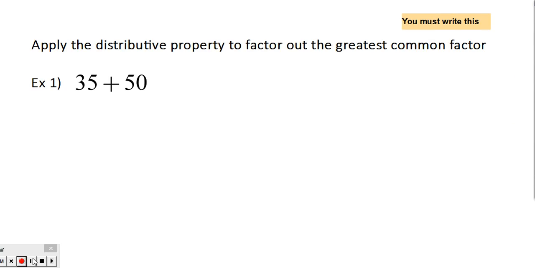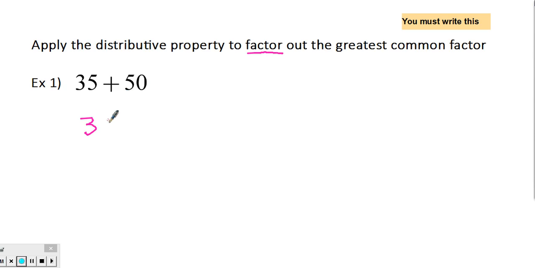The question I'm going to ask you is to apply the distributive property to factor out the greatest common factor. So we have 35 plus 50. So now what is the greatest common factor of 35 and 50? What is the largest whole number that is divisible into both of these?